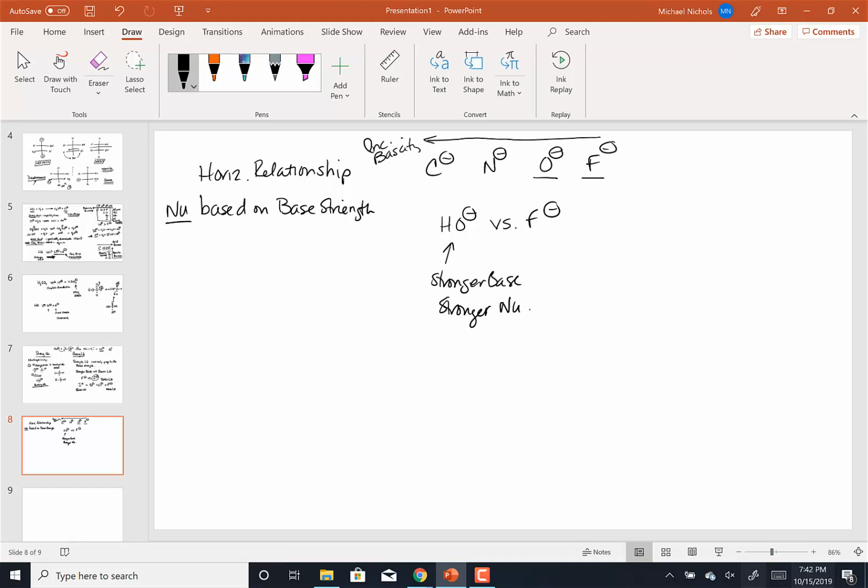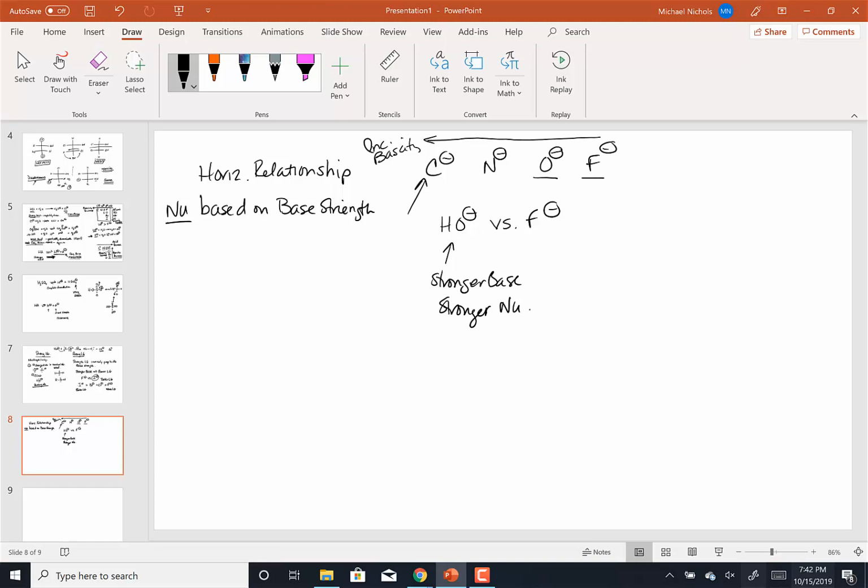Okay? So whenever you're looking at horizontal relationships, it is always the stronger base that is the stronger nucleophile. So who's the strongest nucleophile in this whole series? The strongest nucleophile is a C minus.